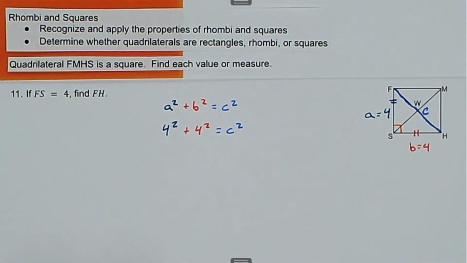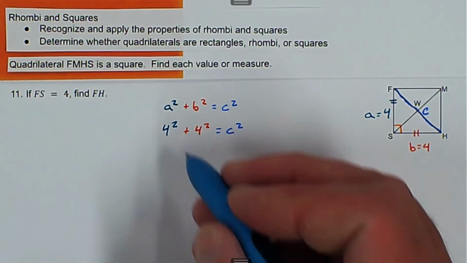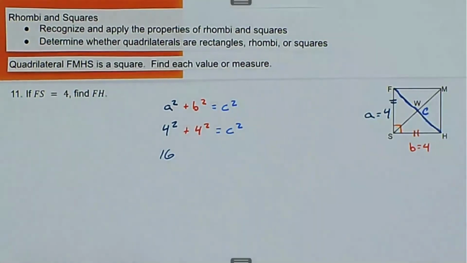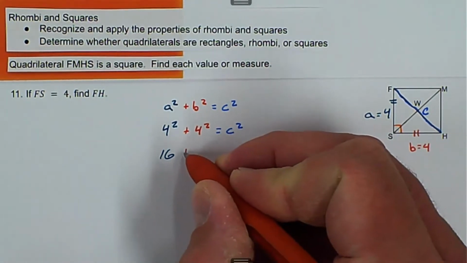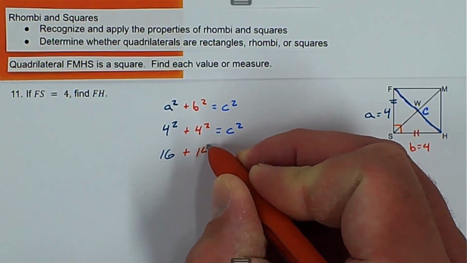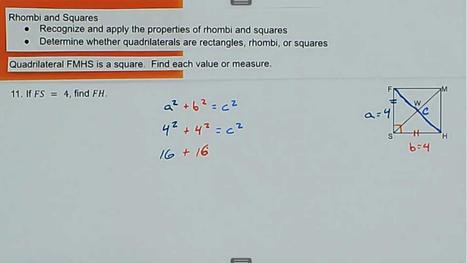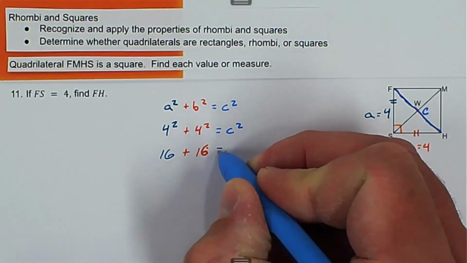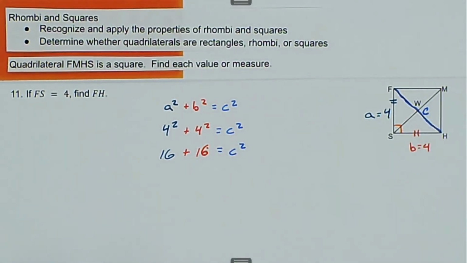And then we can use our calculator, or we can know that 4 squared is equal to 16. And that's for both examples there. 4 squared is equal to 16. And that is still equal to c squared. 16 plus 16 is 32.